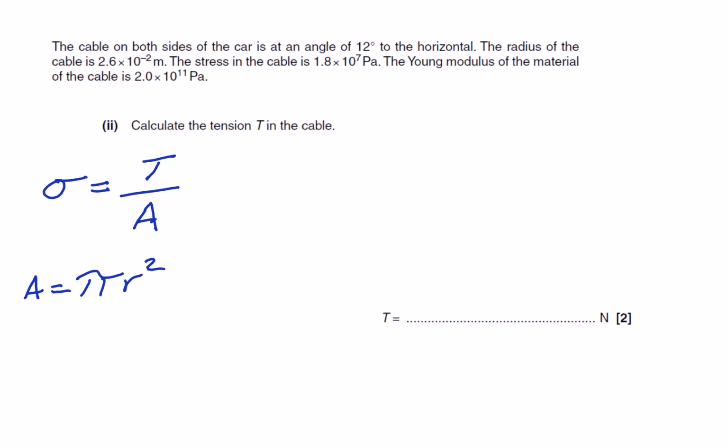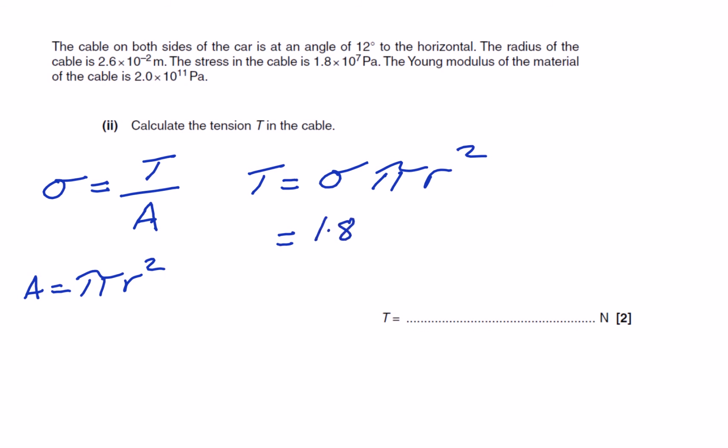And if we rearrange this top equation and substitute this one in for A, making T the subject, that will tell us that the tension will equal the stress multiplied by the cross-sectional area, which is pi r squared, and substitute our values in.